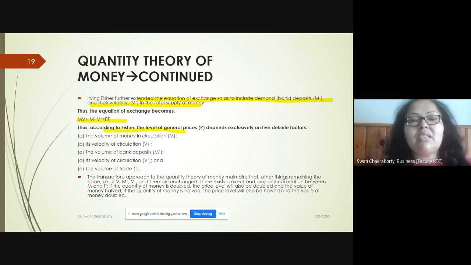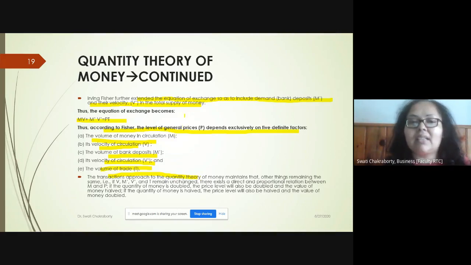According to Fisher, the general level of prices depends on five factors: M, the total volume of money in circulation, and its velocity V; the volume of bank deposits M dash, and its velocity of circulation V dash; and the total volume of trade, T. This is the transactions approach to the quantity theory of money.